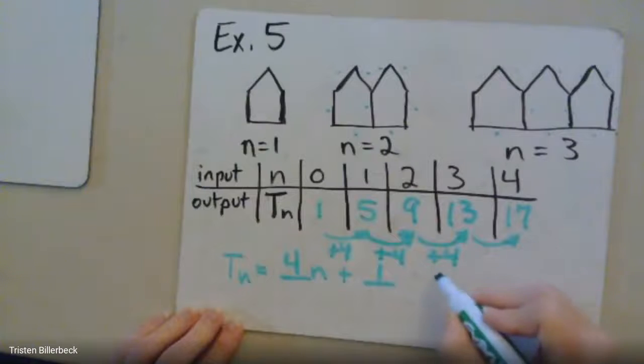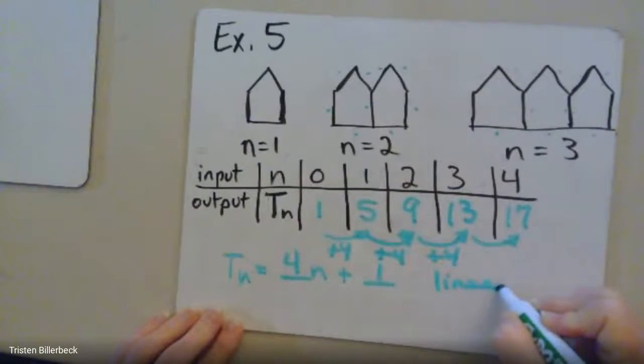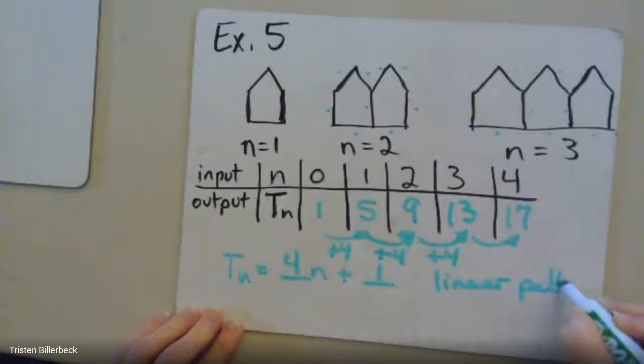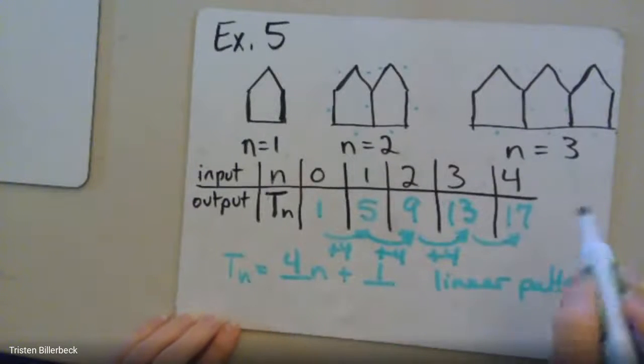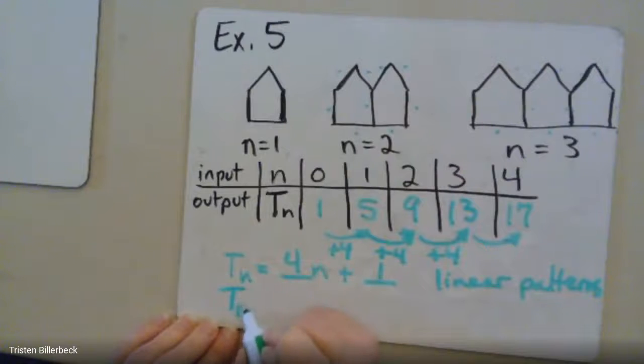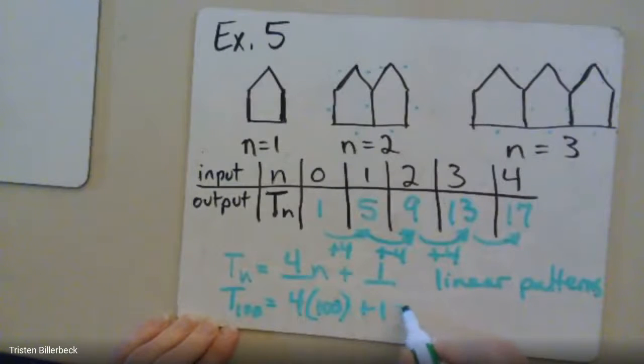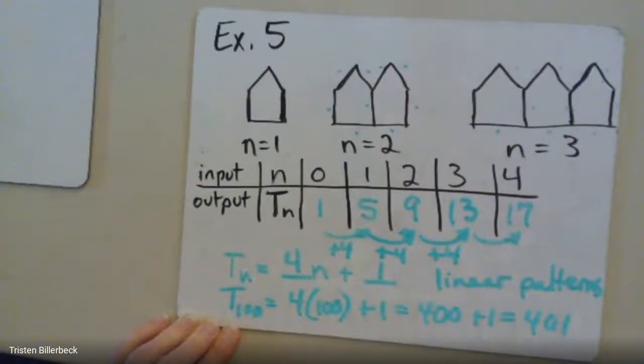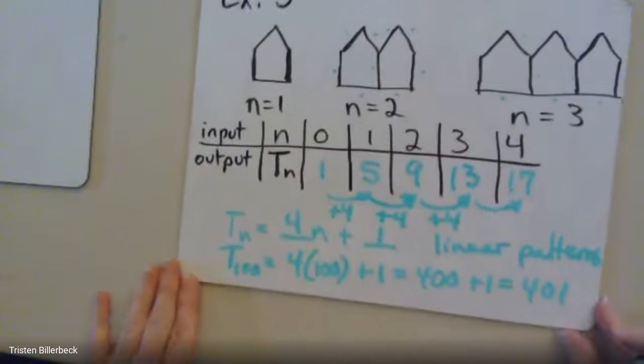And this works for linear patterns. So if we want to figure out T100, all we have to do is 4 times 100 plus 1 equals 400 plus 1 equals 401. And there you have it.